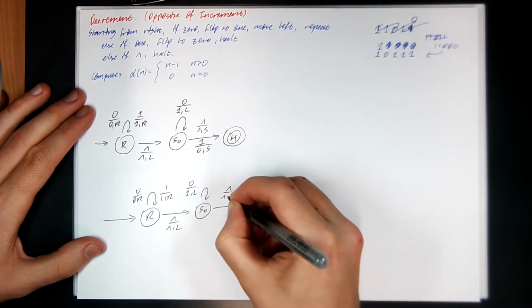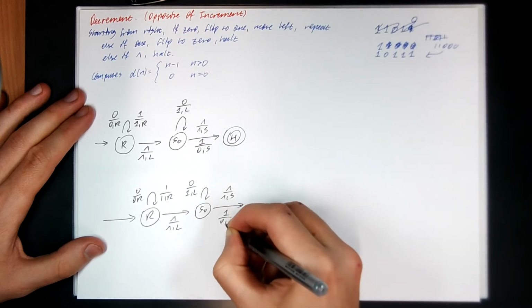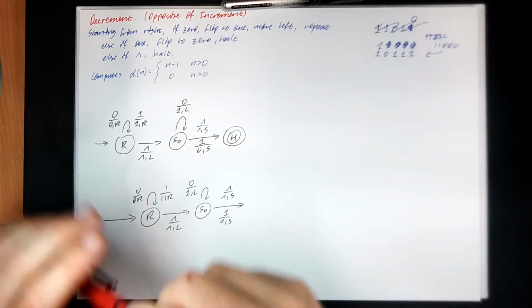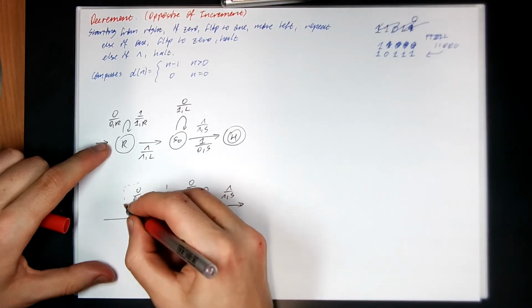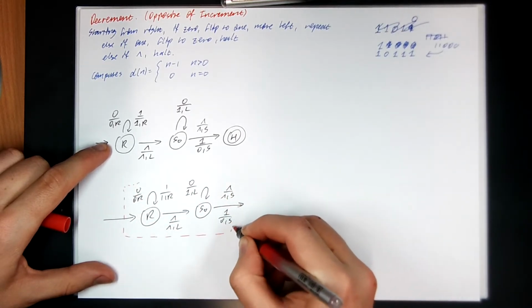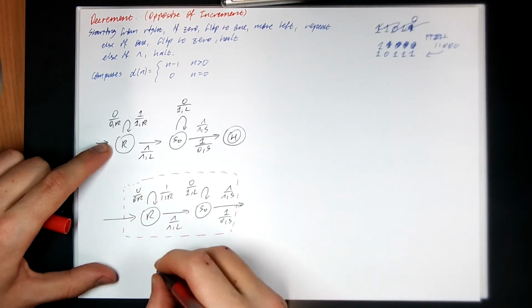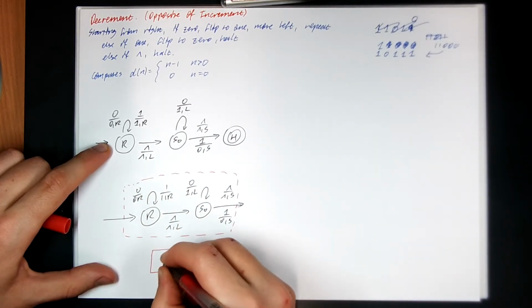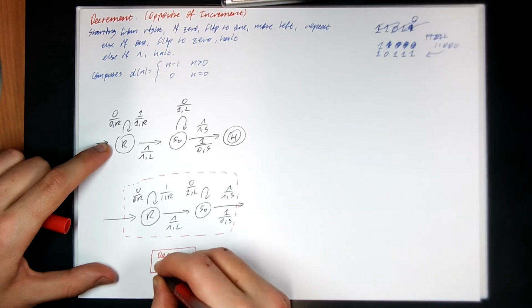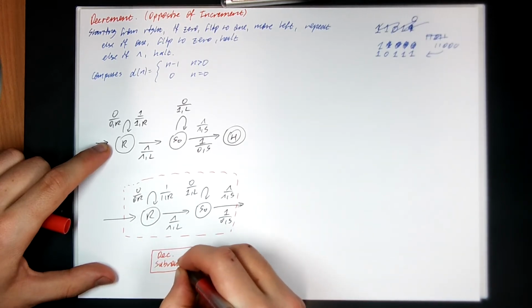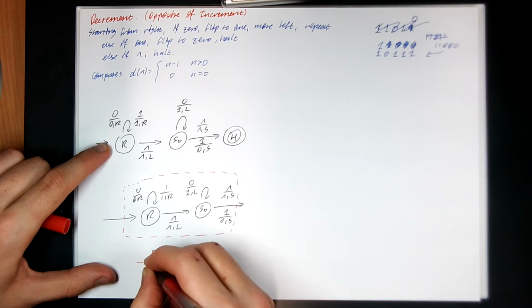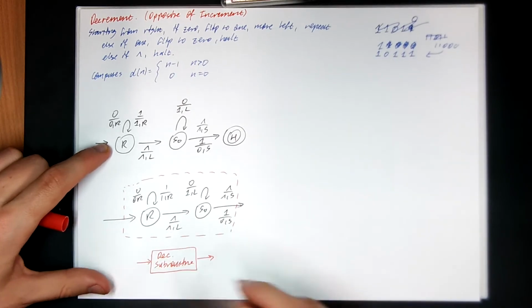Read a blank, write a blank, move S. Read a 1, write a 0, stay. And then we can put that in a box. I'm going to call this the decrement subroutine. And this can now be a part of a larger Turing machine, this little box here.